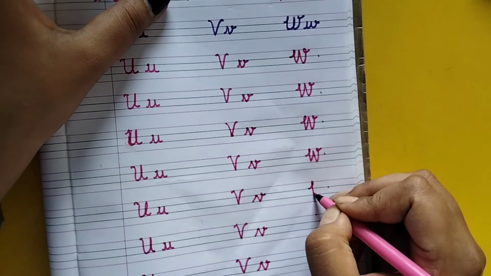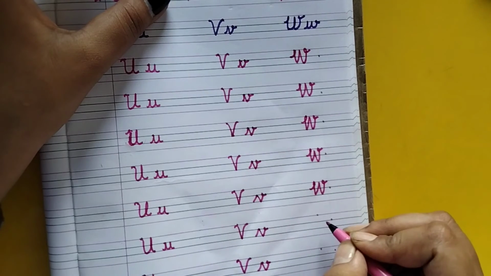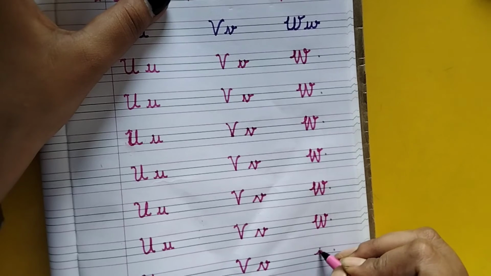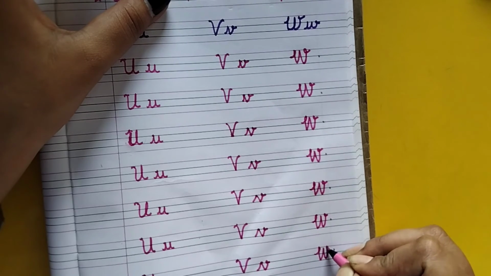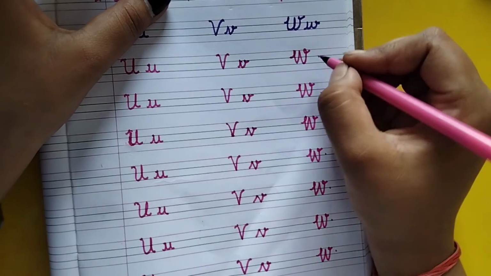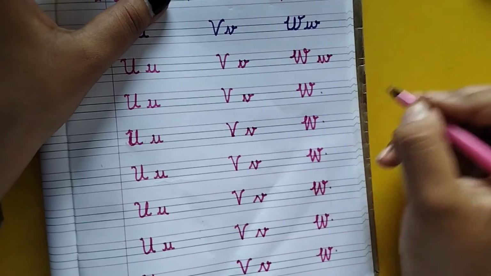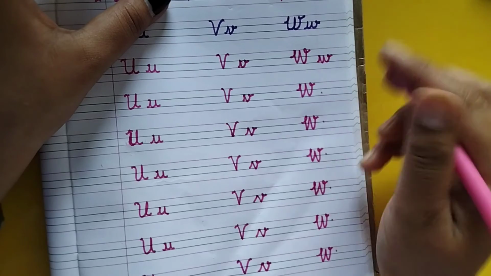Again, give the curve shape, go up. W, okay, like this, and a small W like this. You have to make a small W in the middle.